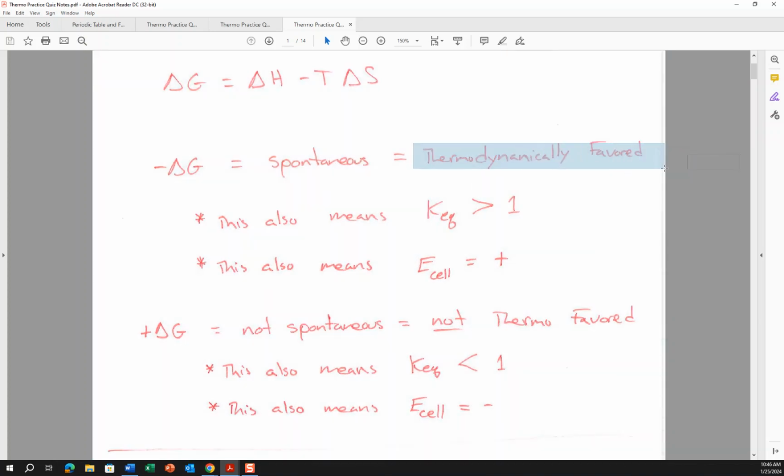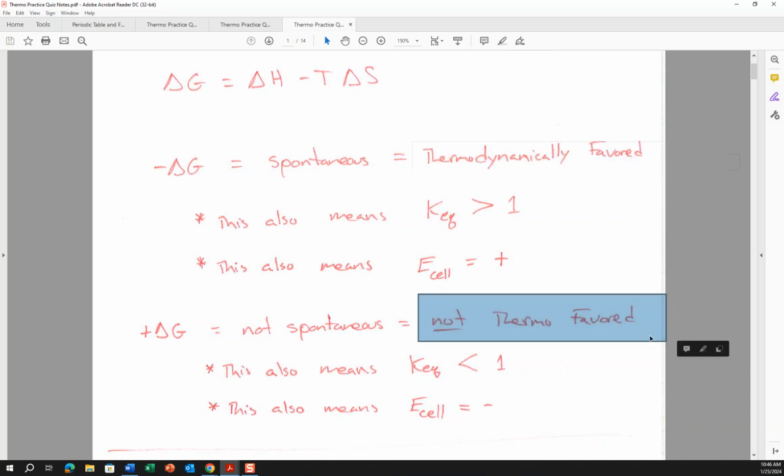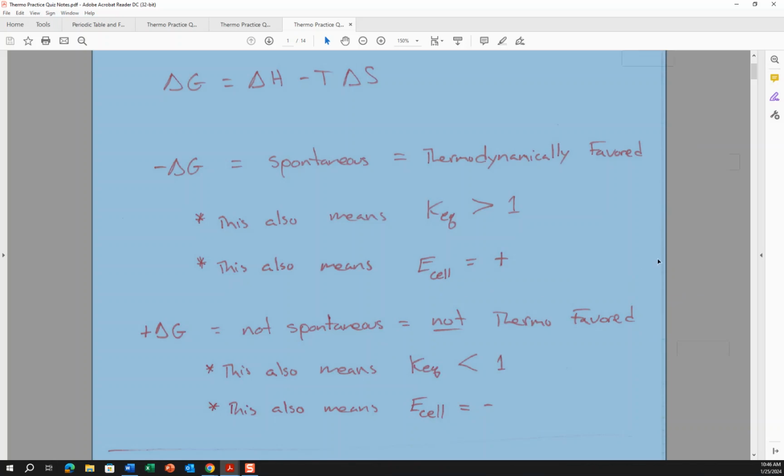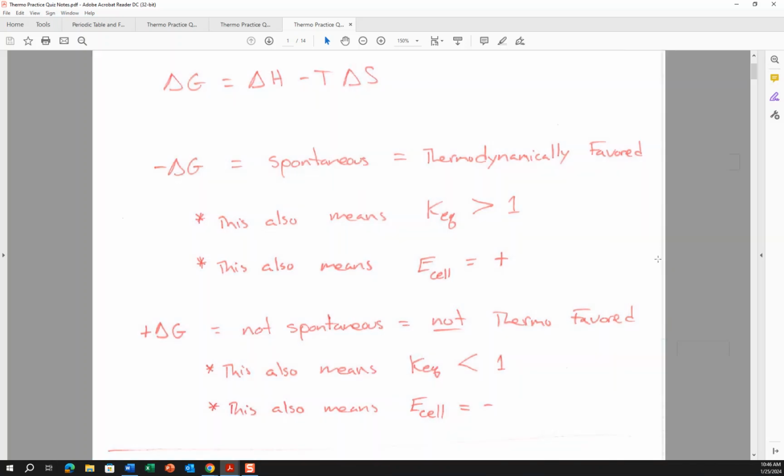Understand, new school, instead of saying spontaneous or not spontaneous, we're going to say thermodynamically favored or not thermodynamically favored. And one thing you need to understand is if you're asked if a process is spontaneous or not spontaneous, or thermodynamically favored or not, and you have to justify, you can justify this one of three ways. You can talk about the sign of delta G, the sign of cell potential, or the value of K, the equilibrium constant.